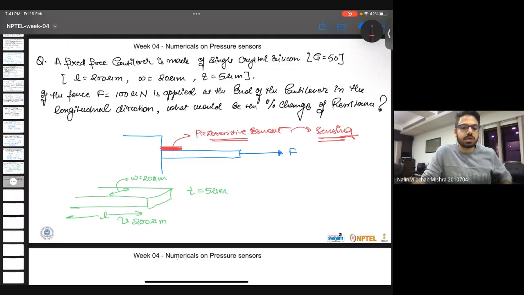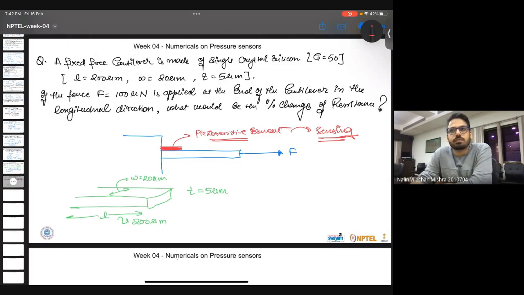How can you calculate it? We know that percent change in R by R is basically G times strain. You can use that formula where the value of strain you need to calculate. And how can you calculate strain? Strain you can calculate as stress by the Young's modulus.